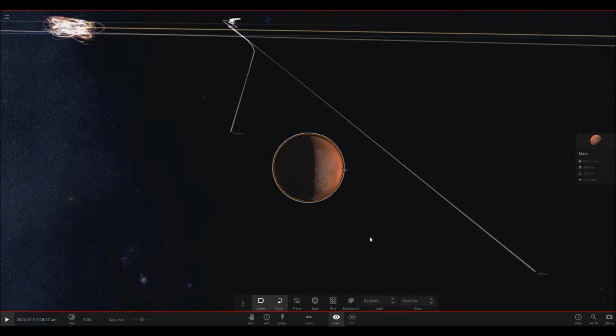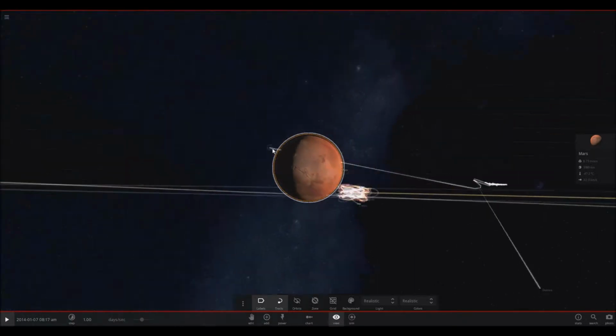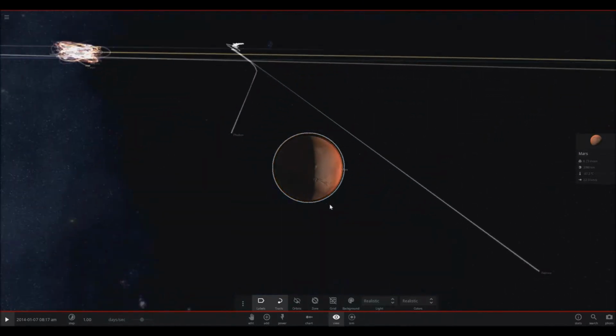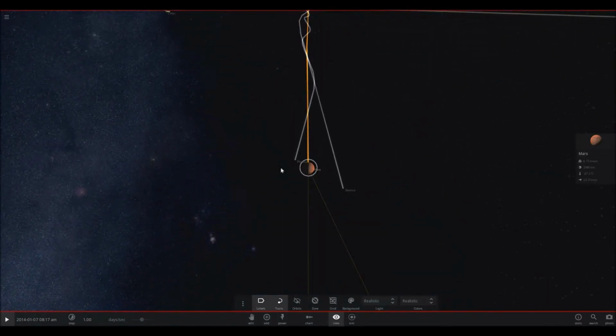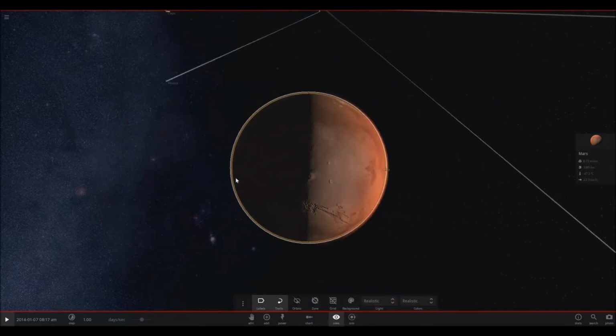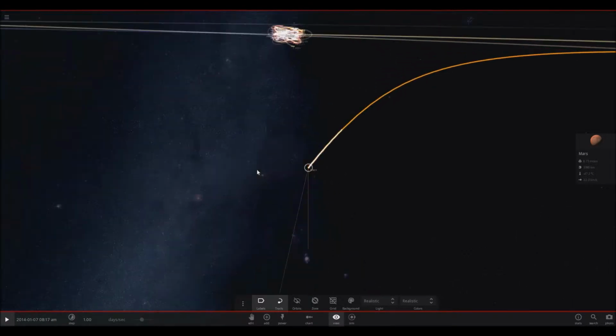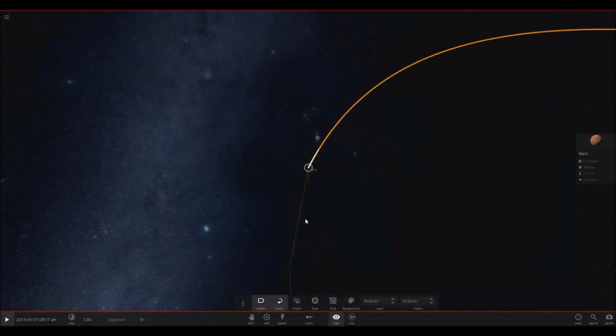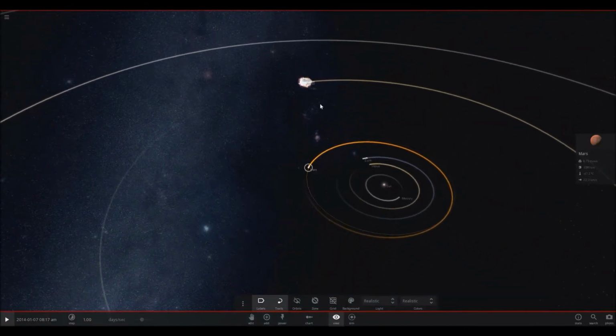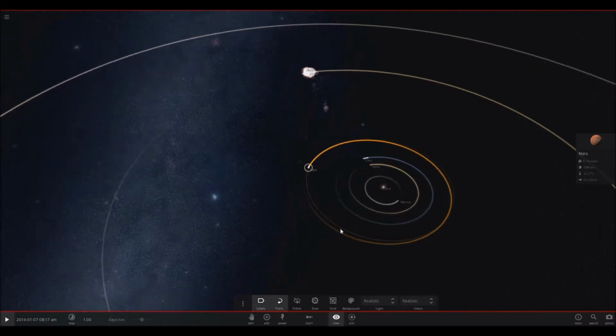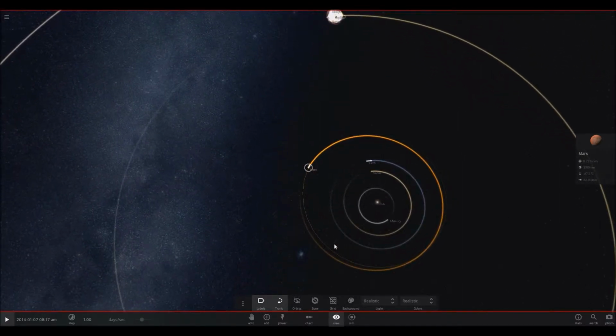But the moons are quite interesting on Mars. We've got just two there, and you can see with the trails the orbit that they take. It's in this line because they orbit around the planet as the planet moves. The planet is obviously orbiting the star, which is the Sun, and the moons are orbiting the planet.